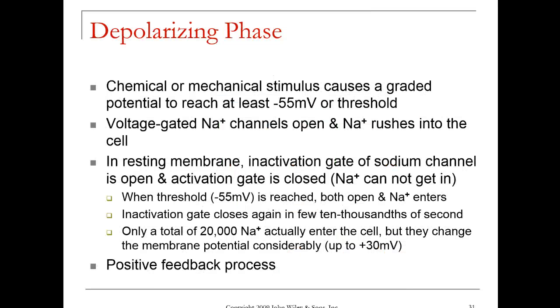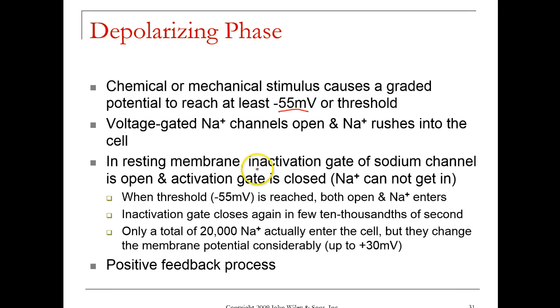All right, so moving back, first we had our depolarizing phase. In our depolarizing phase, we hit the negative 55 millivolts, so a graded potential hit negative 55 millivolts at that trigger zone. That opens up our voltage gated sodium channels, and sodium rushes into the cell.